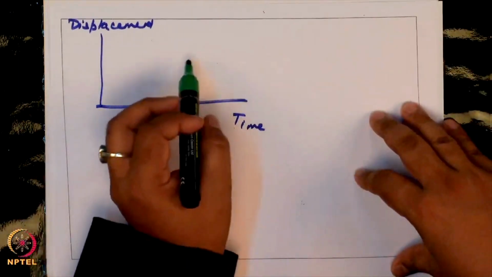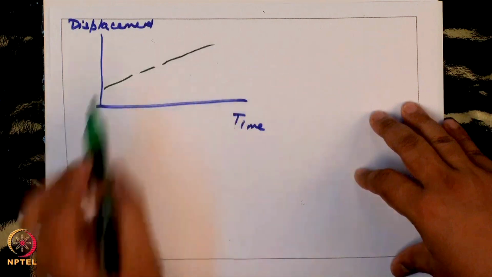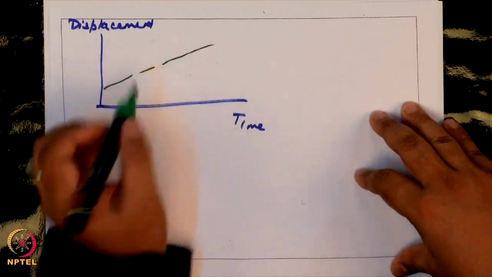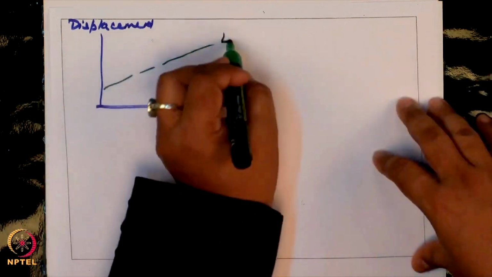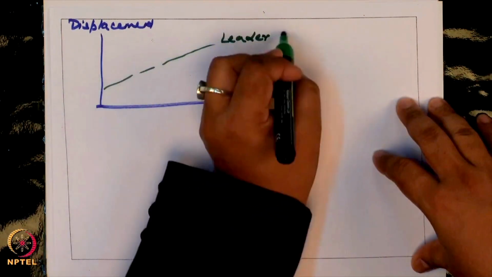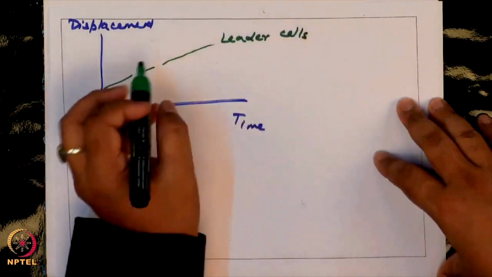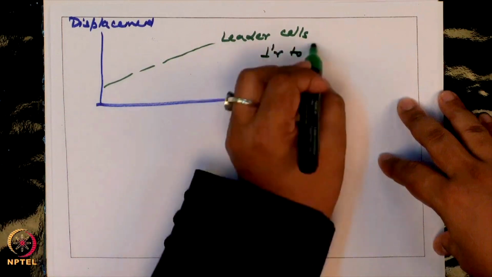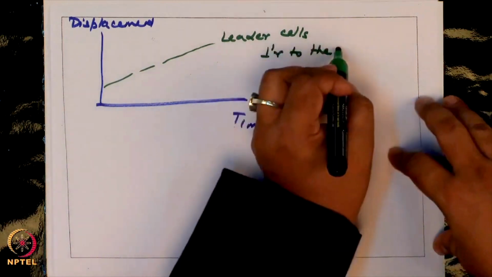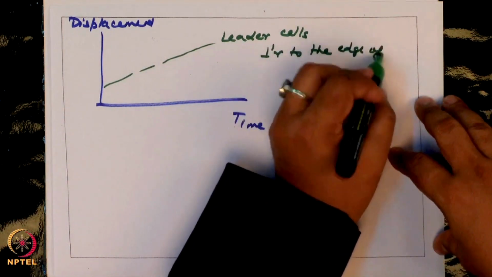The leader cells exhibited a faster migration rate. Leader cells were migrating almost perpendicular to the edge of the epithelium.